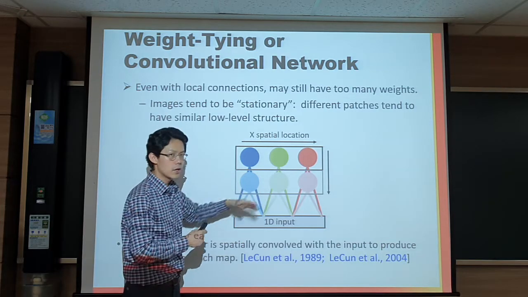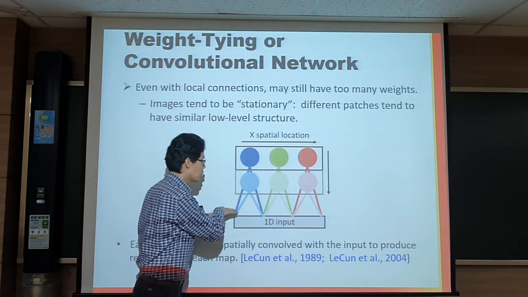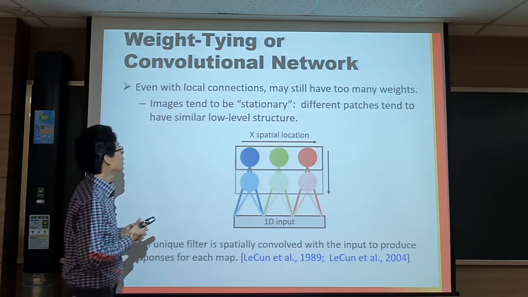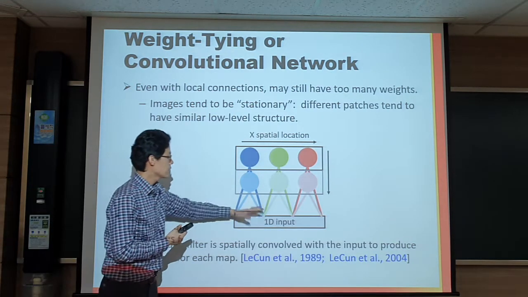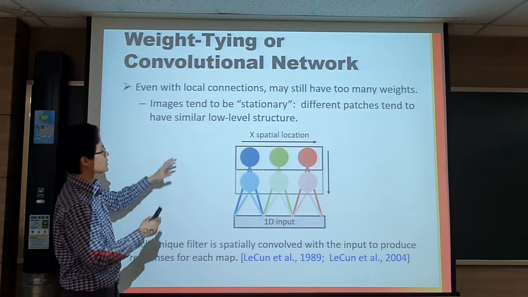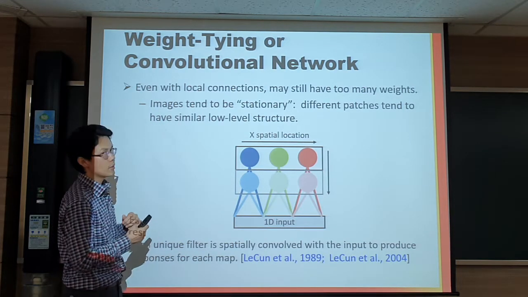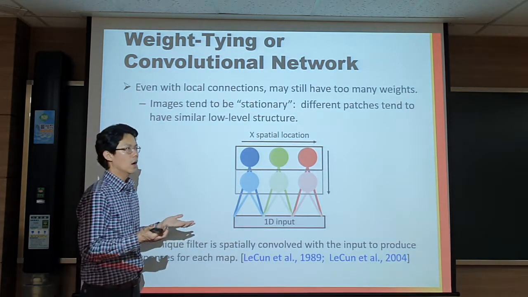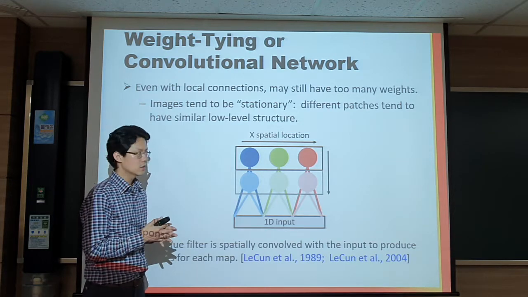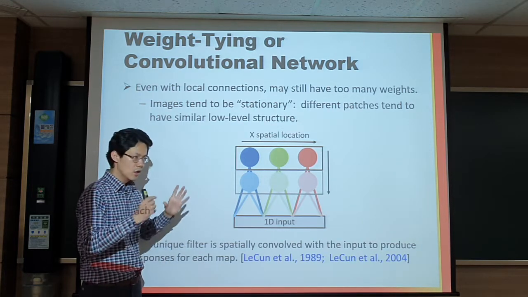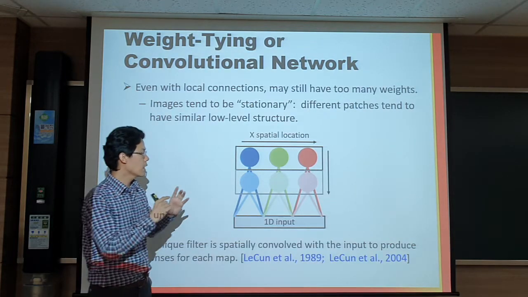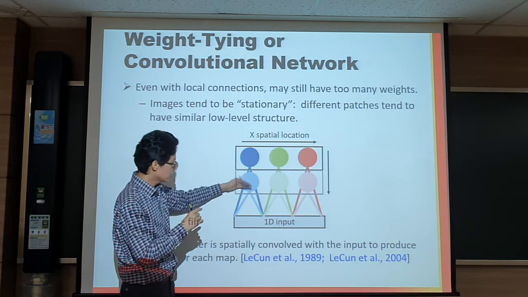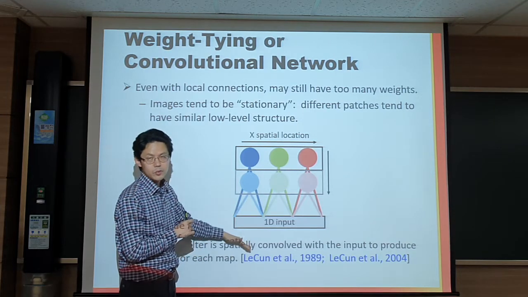Also, the image tends to be stationary, which means different patches tend to have similar low-level structure. For example, with the Harris corner detector, we look at the second moment matrix of the input image.